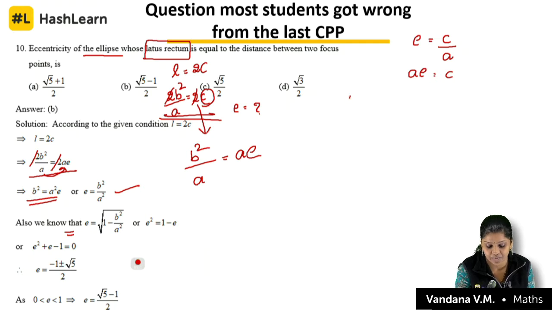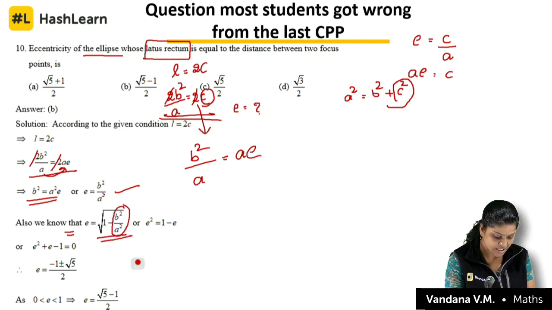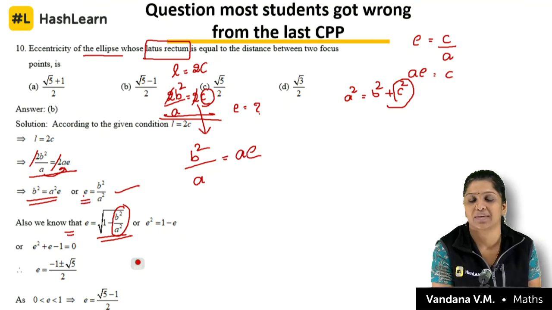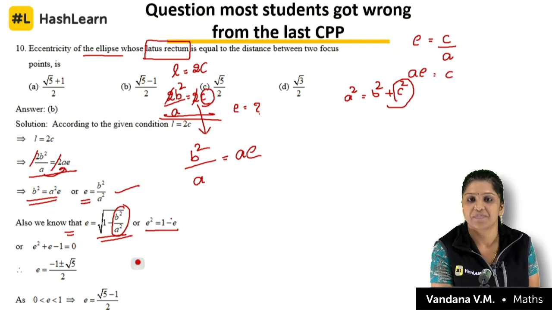This is from the relationship a square is equal to b square plus c square. Here also you convert it in terms of eccentricity and you will get this relation. But b square by a square can be replaced with e. So the equation becomes e square is equal to 1 minus e.